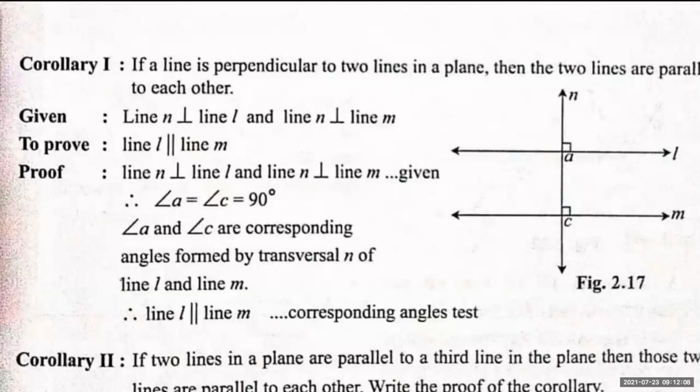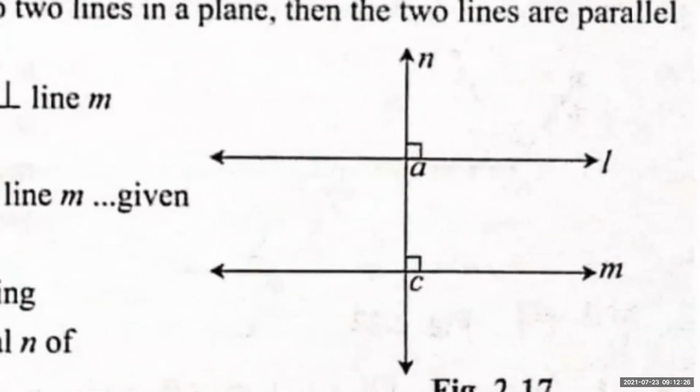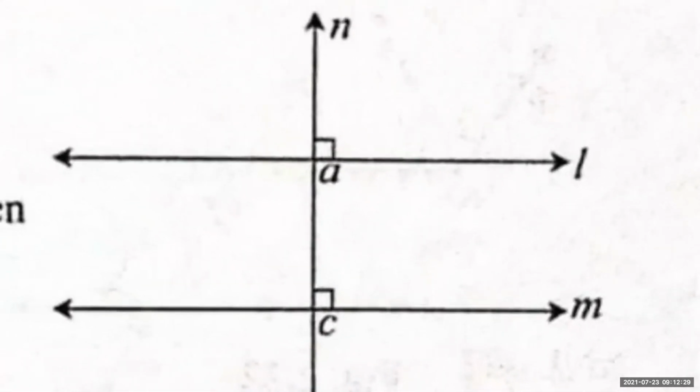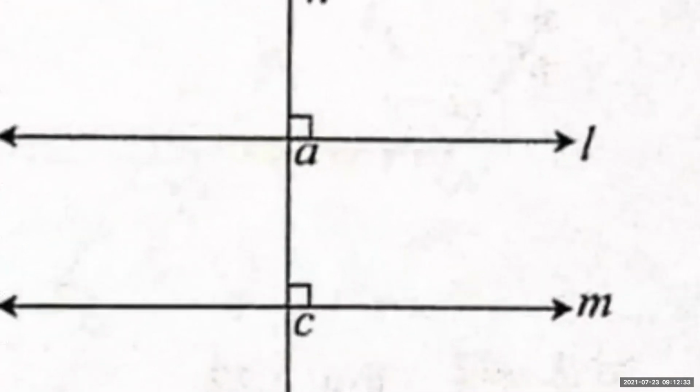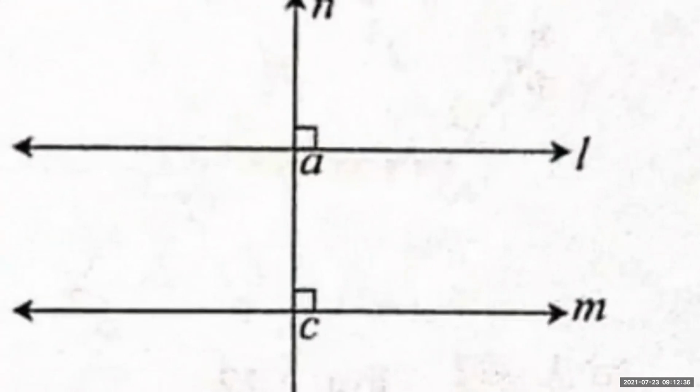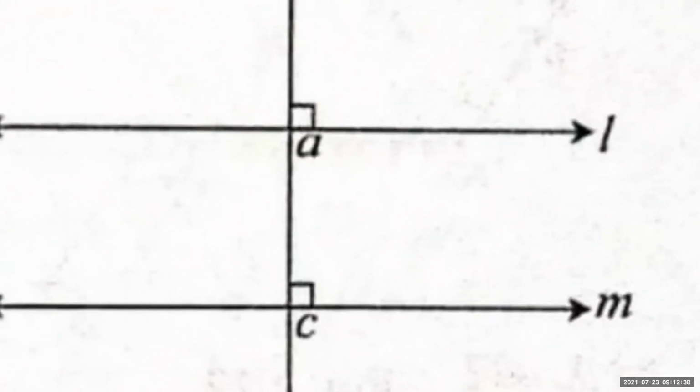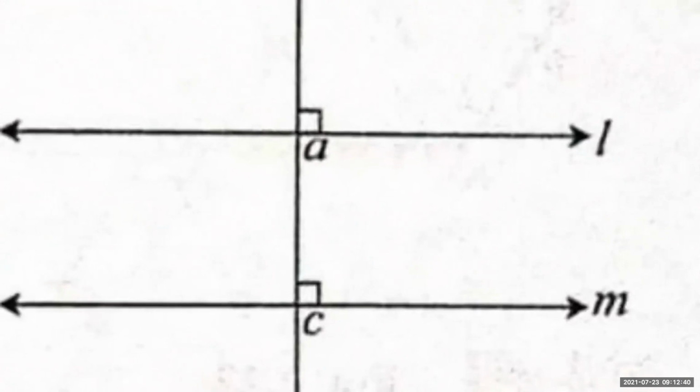So, first line: line N is perpendicular to line L, and line N is perpendicular to line M. That is given. Now, you can see in the diagram, if the third line, that vertical line, is perpendicular to two horizontal given lines, then the angle will be a right angle.